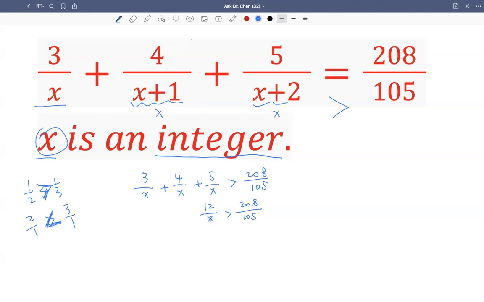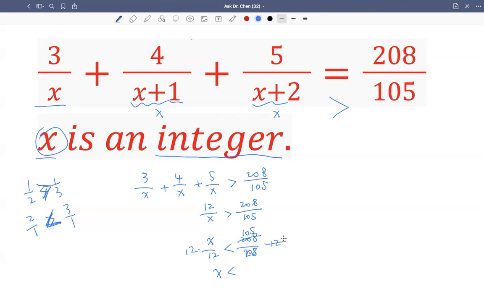So I flip over: x over 12 is less than 208 divided by 105. Then I multiply 12 on both sides. So x is less than, oh, I forgot to flip this number, so that's 105 over 208.